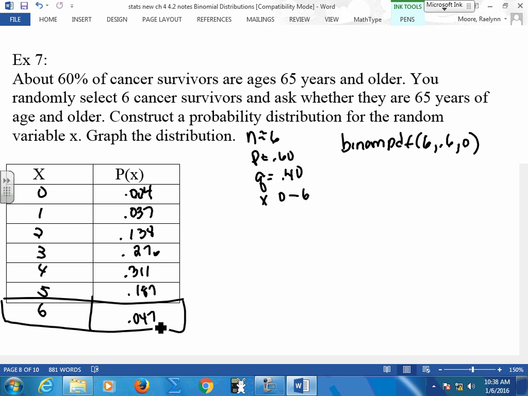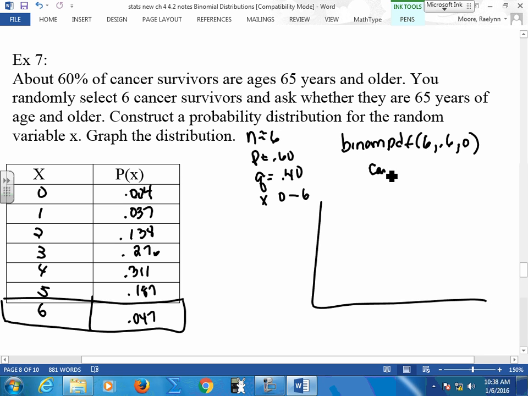Okay? Now, when we graph this, this is your relative frequency graph. Same graph. So we're going to give it a title, and we're going to say cancer survivors age 65 or older. Make sure you give it a title. These are your X values.